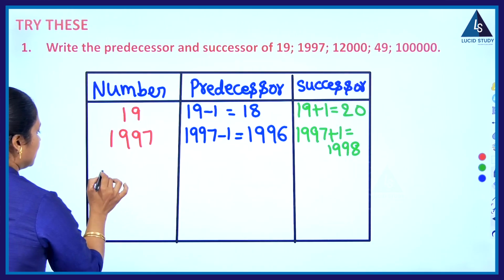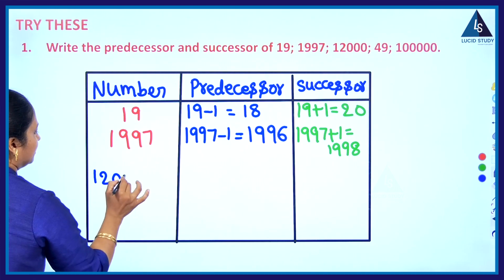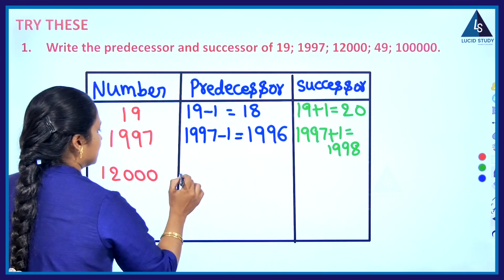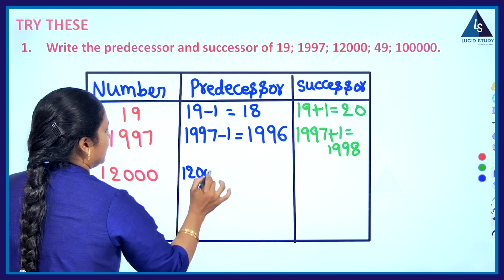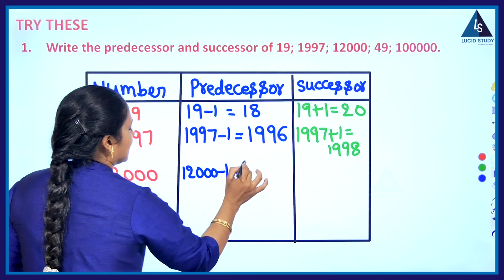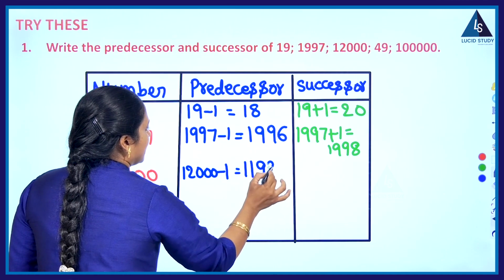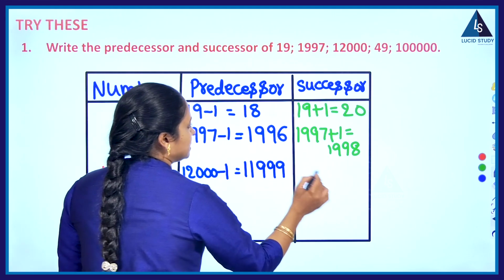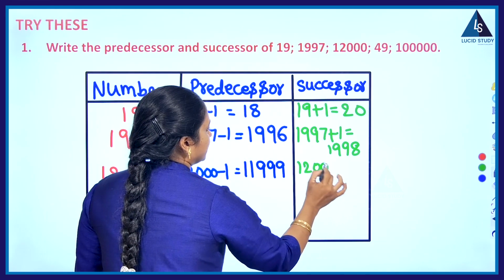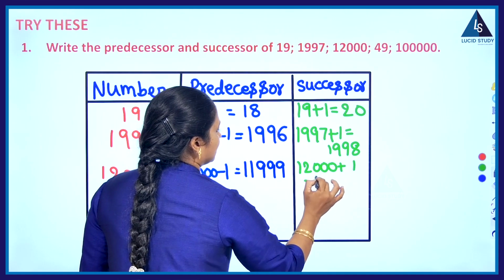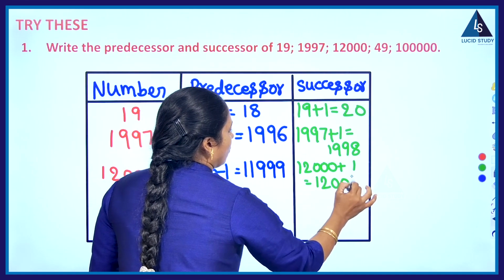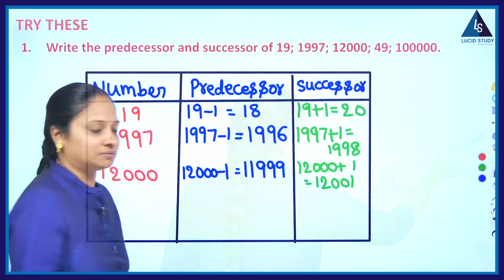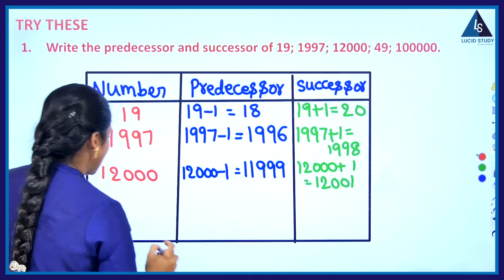What is the third number? 12,000. Write its predecessor. 12,000 minus 1 is nothing but 11,999, which is its predecessor. What is its successor? 12,000 plus 1, that is nothing but 12,001, its successor.